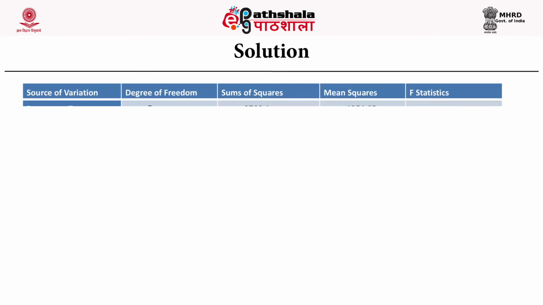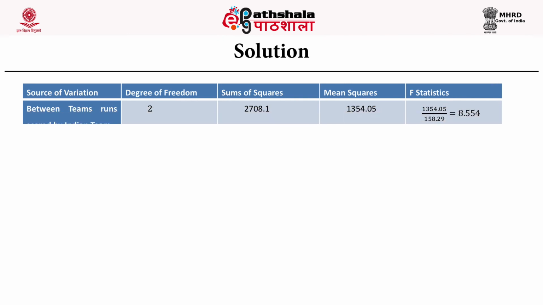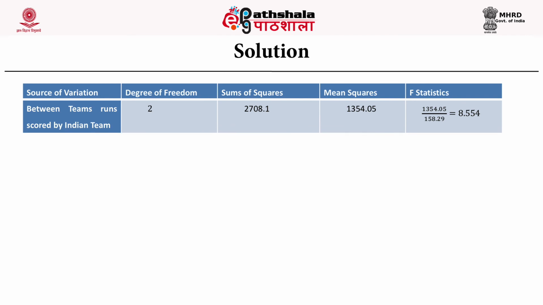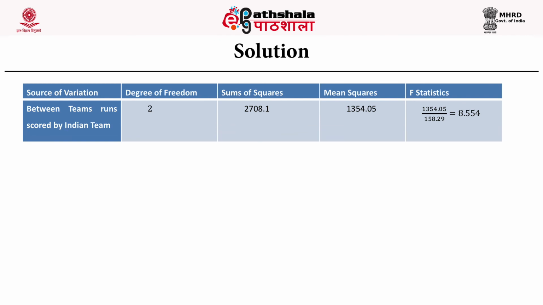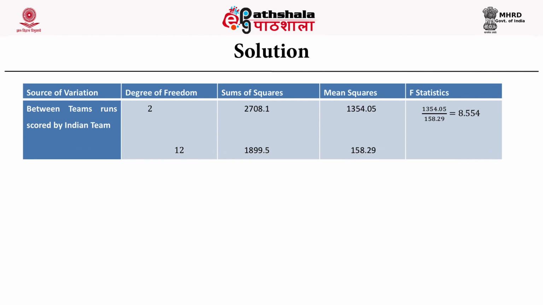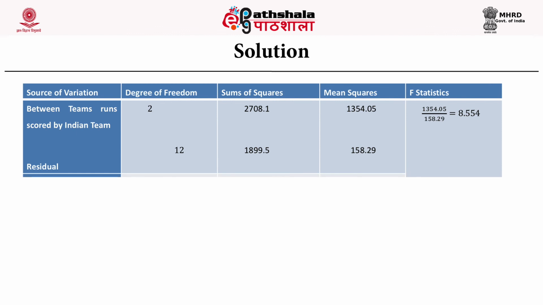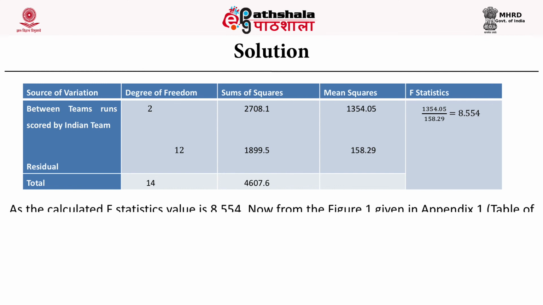After solving the different sums of squares, we put the values in the table, and the calculated F statistic value is 8.554. Now from figure 1 given in appendix 1 at the end of the e-text, at 5% level of significance, the value of F with 2, 12 degrees of freedom is 3.885.